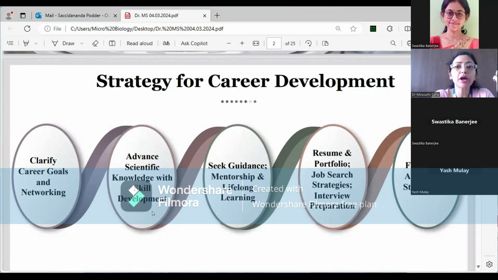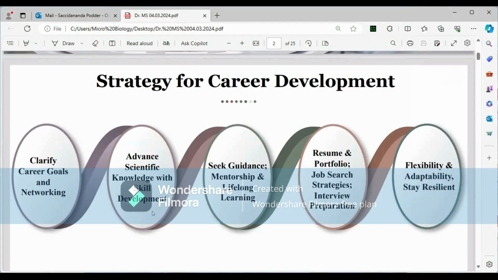Should we use the lamp or not, where should we keep our hands, what should be the distance. So advanced theoretical knowledge along with proper skill development is required for the proper development of your career.